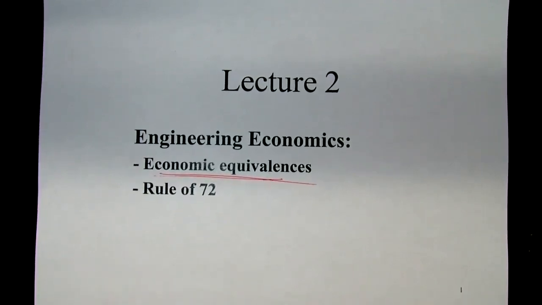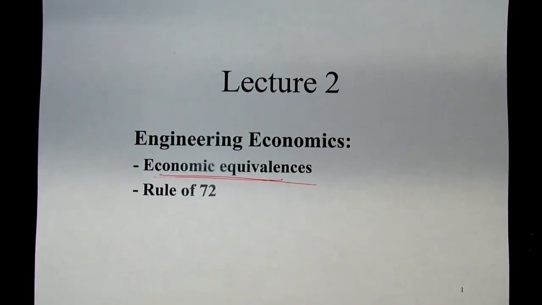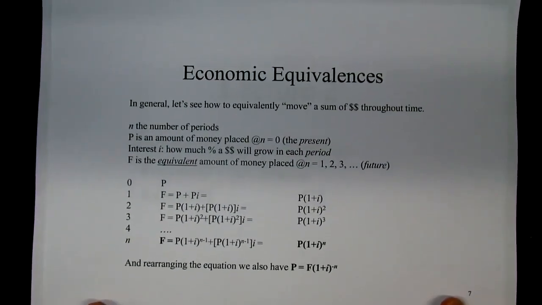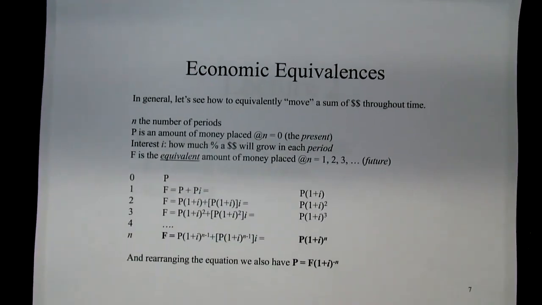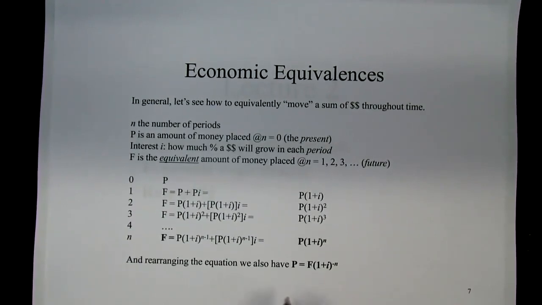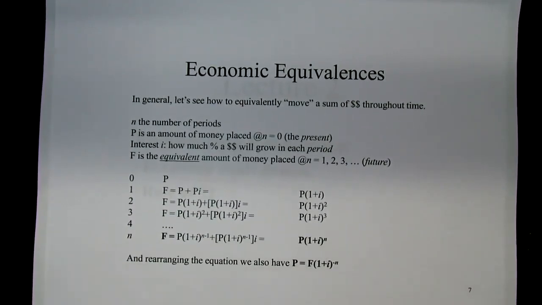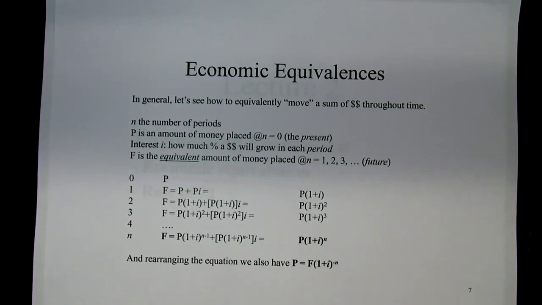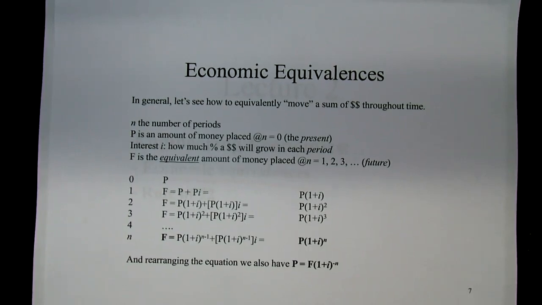To refresh your memory, what we mean by economic equivalences is this, the last slide of last time. It's not new. We have defined the cash flow. Depending on when a given transaction is placed throughout time, you can find an equivalent amount anywhere else in the cash flow, provided that you have the time difference, how many periods before or after, and the associated interest governing that cash flow.